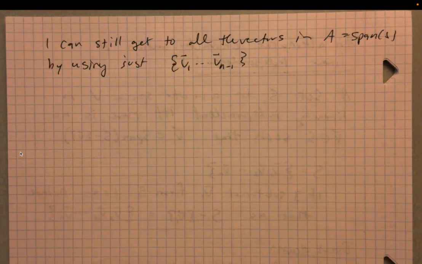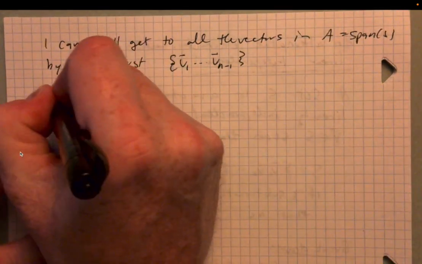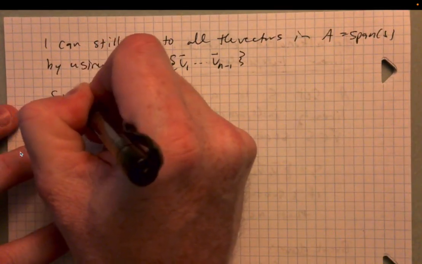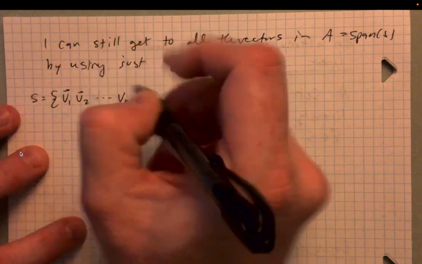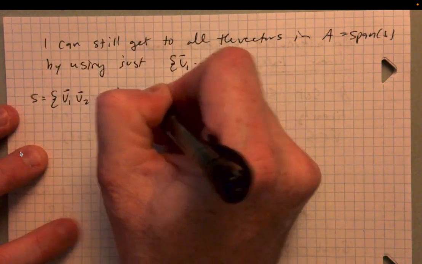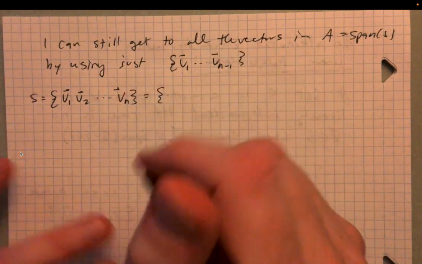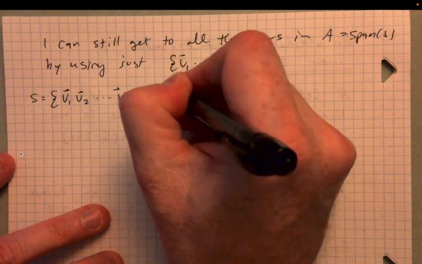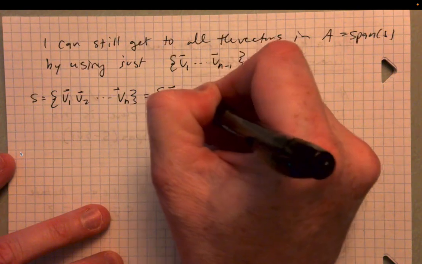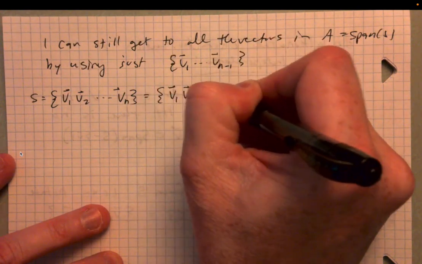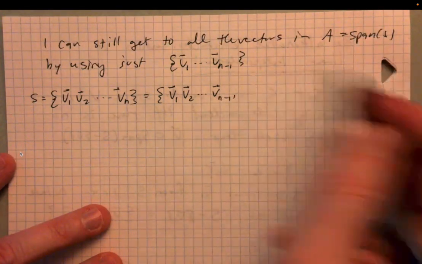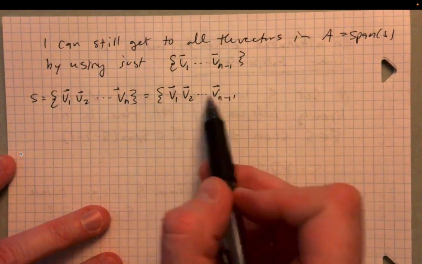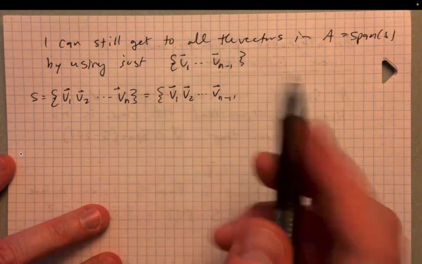Now, one way to visualize this is to think of V1, V2, dot dot dot Vn. If I take the original S, it's the same thing as V1, V2, dot dot dot Vn minus 1, and then whatever the linear combination of these is that gets me Vn.